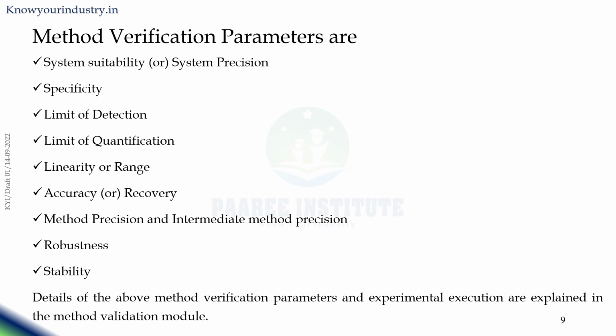As we have seen, after the method development, we have to perform the method verification to confirm the method. The method verification parameters include system suitability or system precision to confirm the instrument is working fine, then specificity, limit of detection, limit of quantification, linearity or range, accuracy or recovery, then method precision and intermediate method precision, robustness, and stability.